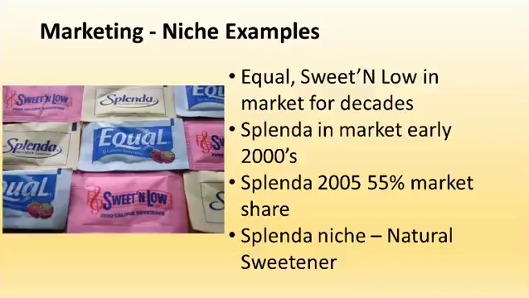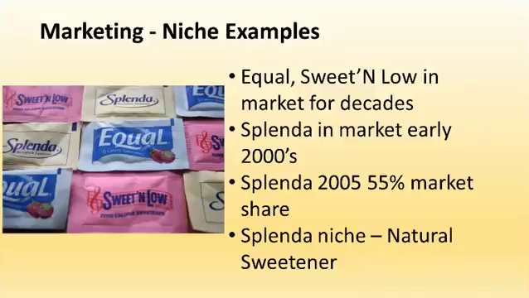So they positioned themselves in a niche and facilitated their messaging around being the natural sweetener. Now, there's a little bit of an oxymoron with this, because each one of these, Sweet and Low, Splenda, and Equal, are artificial sweeteners. But Splenda was able to say, even though it's an artificial sweetener, it's the natural sweetener.